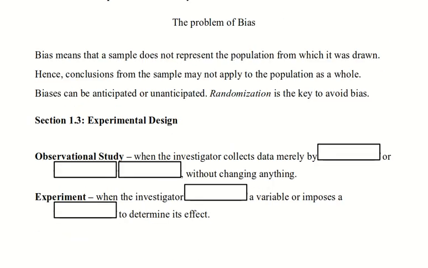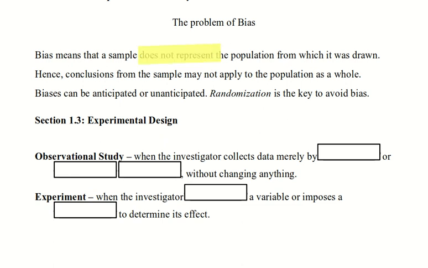Now, bias is a word in psychology. It's also a word in statistics. We can refer to a person being biased, but in this case, we're referring to a sample being biased. Now, this bias does not necessarily mean that it favors one group or another. It simply means that the sample does not represent the population from which it was drawn.